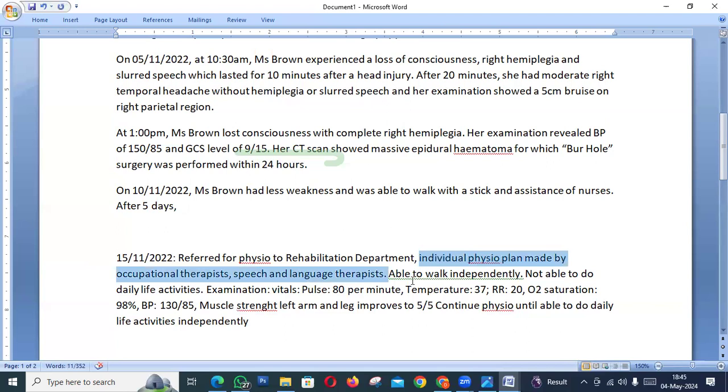Able to walk independently is an important improvement, because earlier she was walking with assistance. Now she was able to walk independently. We can write here that her mobility was improved, as she was able to walk independently. You can write like this. What else?